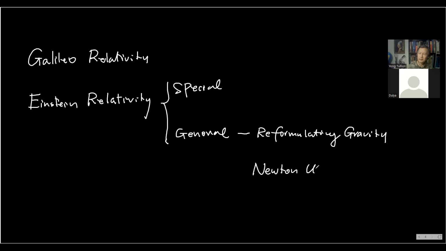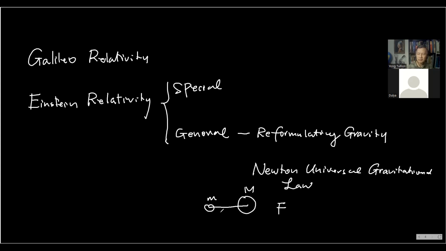Newton has the universal gravitational law. Do you remember? That is a force between two objects, with the masses. G times the product of these two, over R squared.